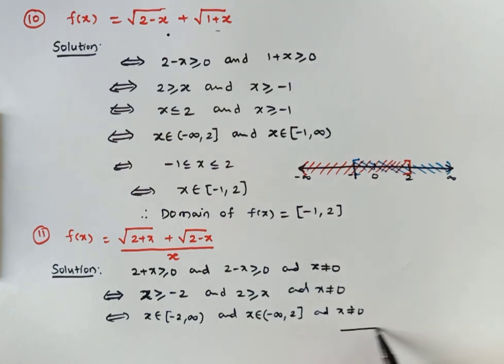Now, try to write a real line. It goes from minus infinity to plus infinity, and a 0. So this is minus 2 and plus 2. Now observe the intervals. The first interval is minus 2 to infinity, meaning it starts at minus 2 and ends with infinity. Then the region is this one. So these are the values in this interval.